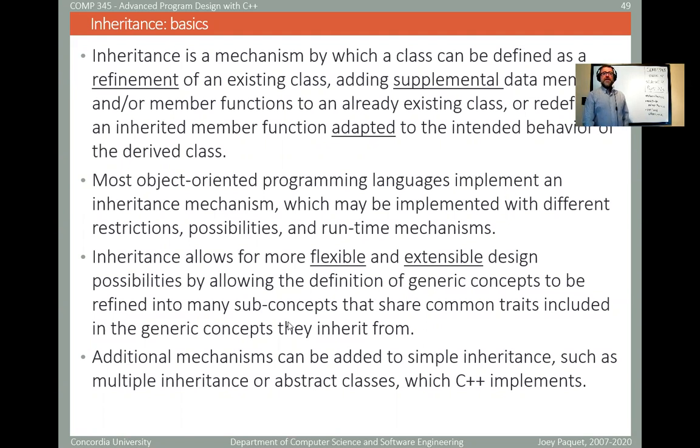There's also the notion, in many object-oriented programming languages, of abstract classes. For example, in Java, you can declare a class as abstract, which essentially means that you cannot create an object of that kind.